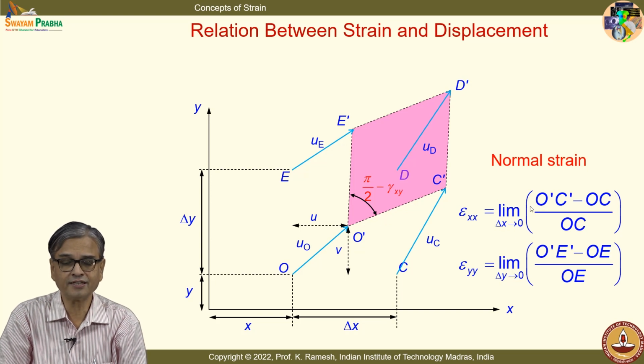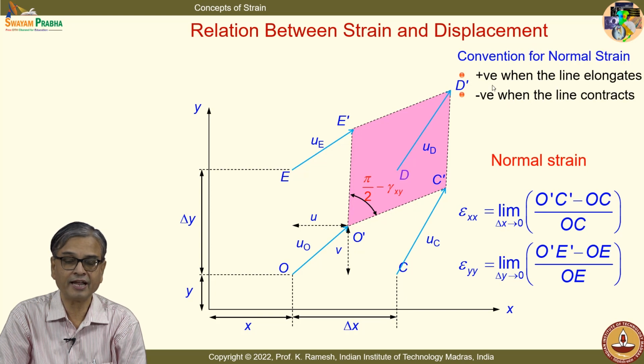So, the change in length is O prime C prime minus OC, and the original length is OC. And epsilon YY is O prime E prime minus OE divided by OE. When it elongates, we call that positive strain.